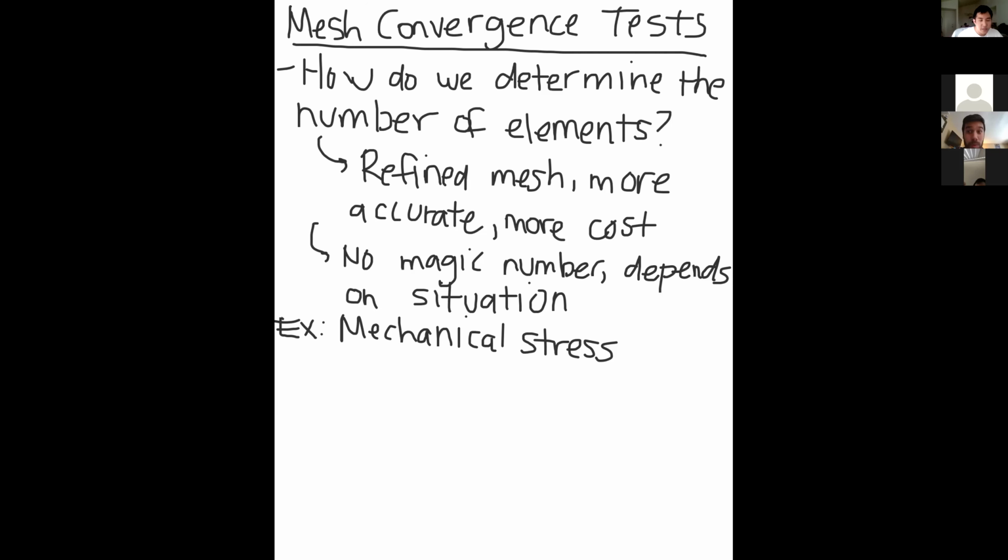So the whole idea with mesh convergence testing is to perform some experiments to basically show that your quantity of interest is converged with the mesh. Another way to say that is, if we run the simulation with more elements, then the computation of our quantity of interest is not going to change. Okay.